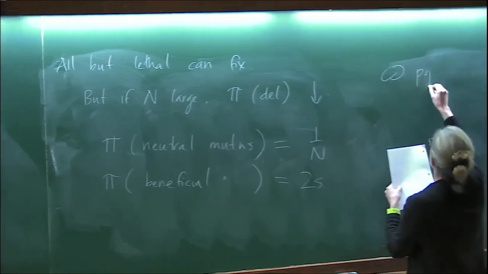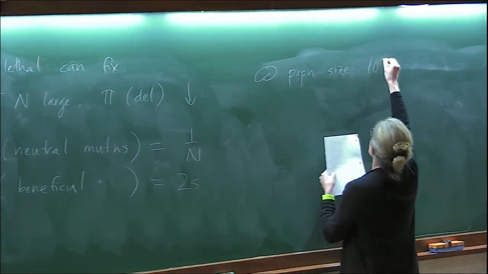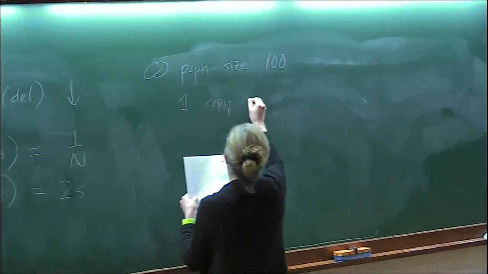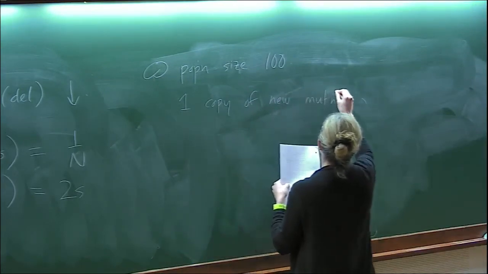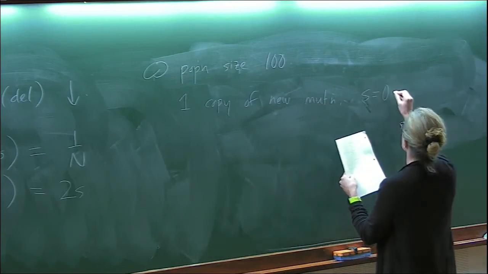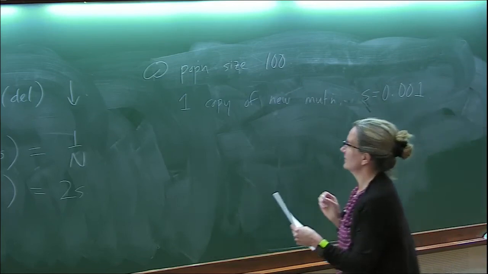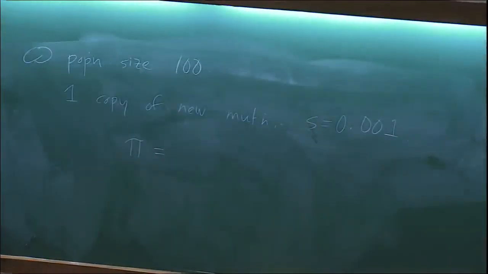You should do it right now. I have a population of size 100. I have one copy of a new mutation, and it's beneficial. Its S value is 0.001. What's its fixation probability?